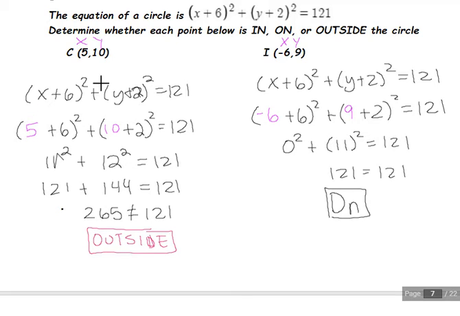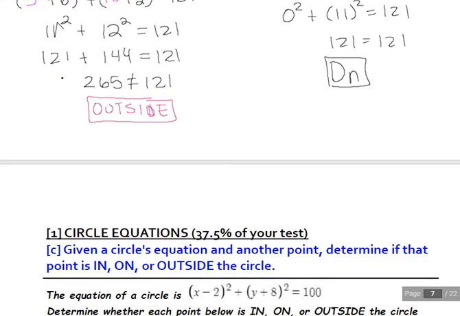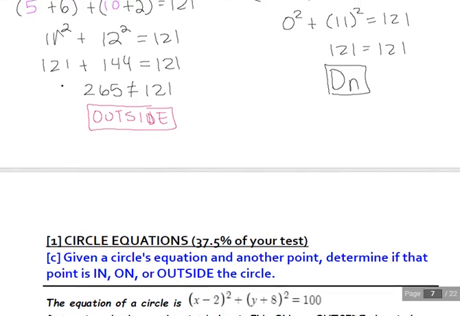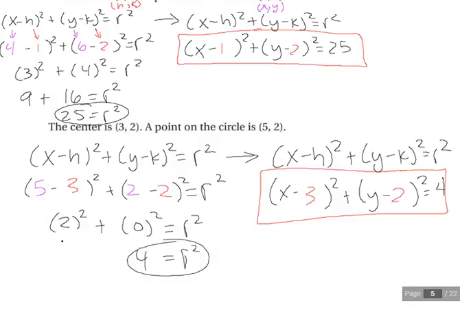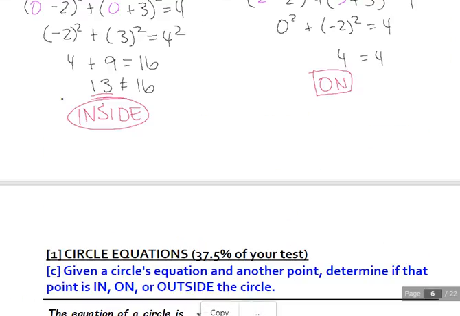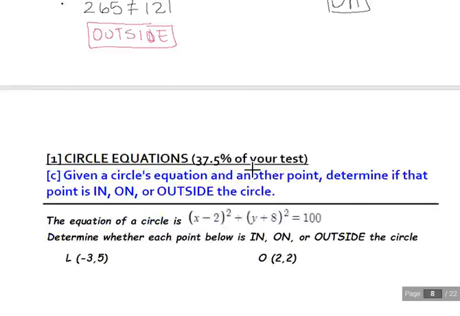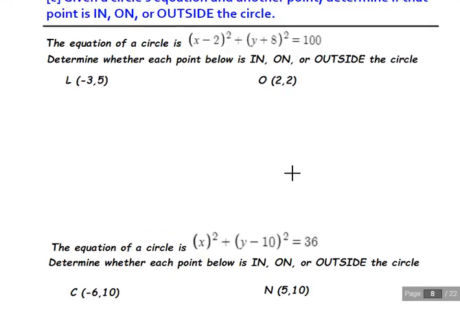Okay, let's go ahead and knock out the next two. Because, I mean, at this point, it should be becoming routine, right? So, you know what we're going to do.